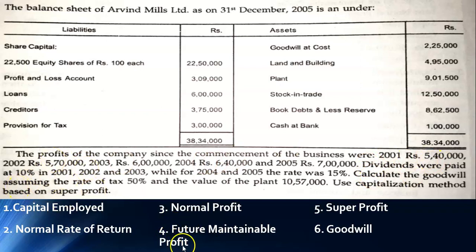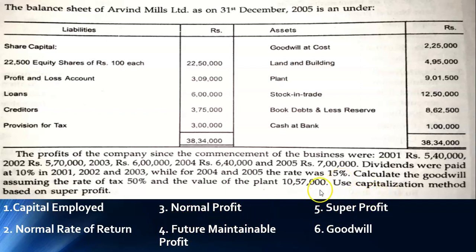Here we are going to use this tax rate to calculate future maintainable profit. So the things which are required to calculate here are capital employed, normal rate of return, and normal profit, which is based on these two things: capital employed into normal rate of return upon 100. Thereafter, future maintainable profit, from the profit of last years 1, 2, 3, 4, 5 here. We will calculate the future maintainable profit, which a business can maintain in the future.